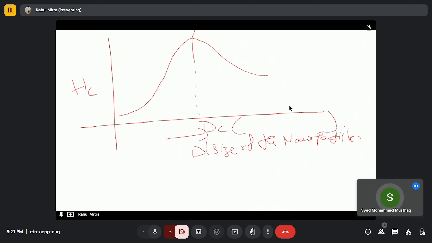Now, on decreasing the size of the material, or the size of the domain, there will be more number of domains, right? So rather than one big domain, there are more domains, so there is an increase in coercivity. Why?